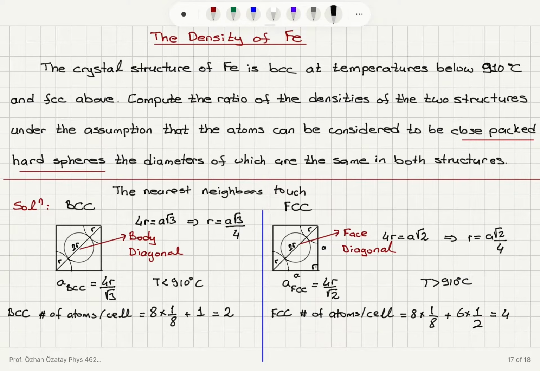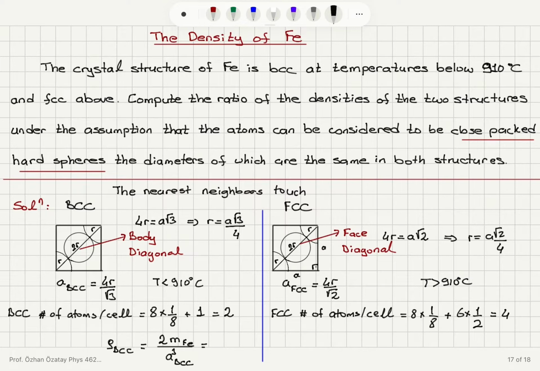Now, what is the density of the body-centered cubic structure? So we have 2 atoms per unit cell, so we have twice the mass of one iron atom, divided by the volume of the unit cell, which is a cube for the body-centered cubic structure.